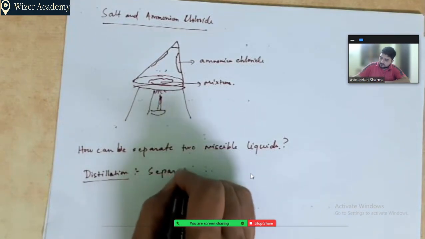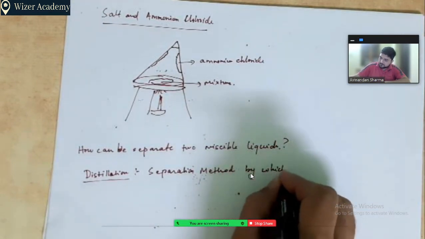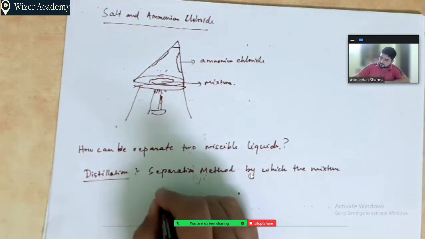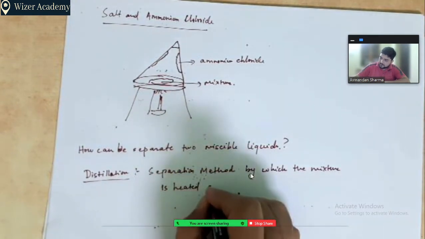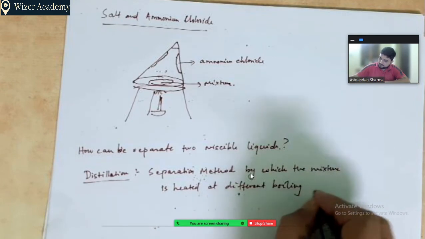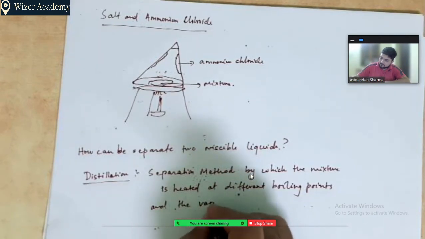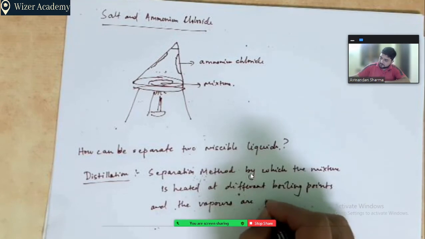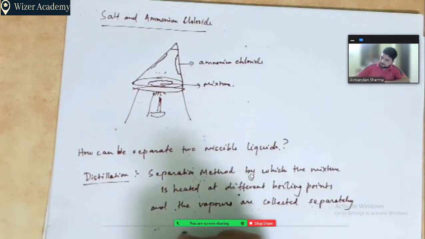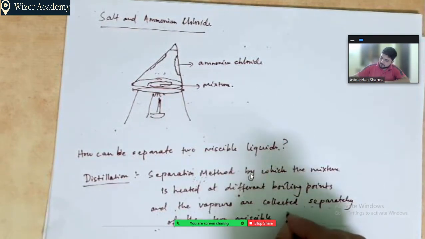It is a separation method by which the mixture is heated at different boiling points and the vapors of the two miscible liquids are collected separately.